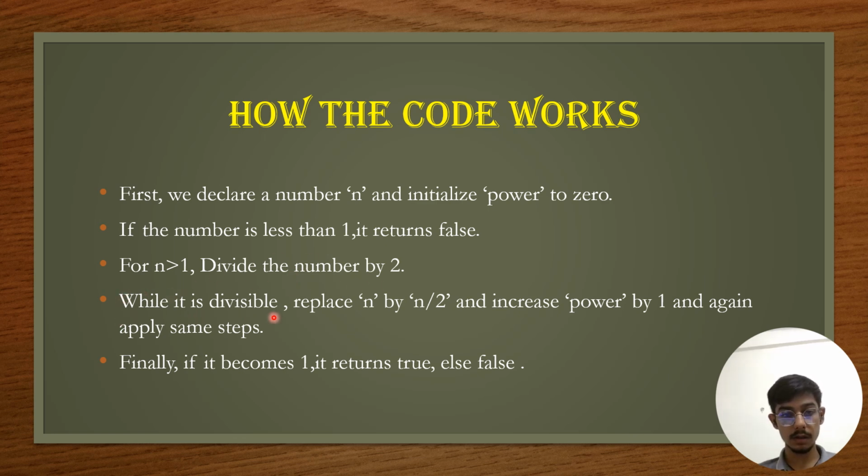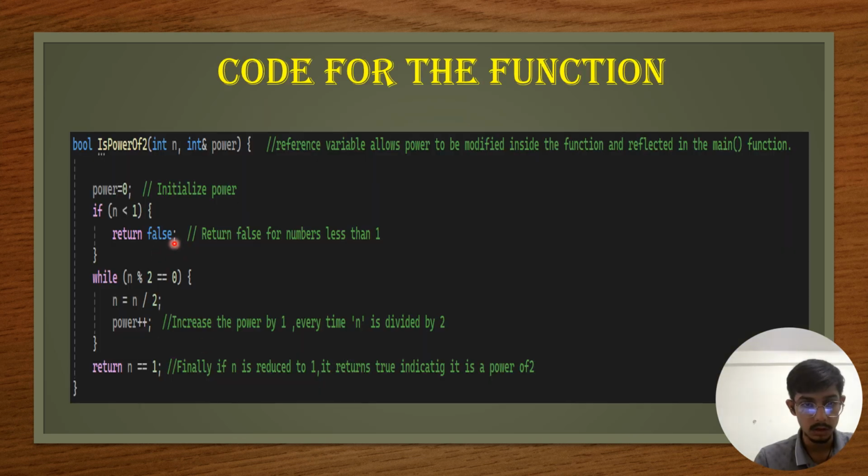While it is divisible, we replace n by n by 2 and increase the power by 1 and again apply the same steps. This process continues until it finally reduces to 1. If it reduces to 1, it returns true to the function, or else it returns false.